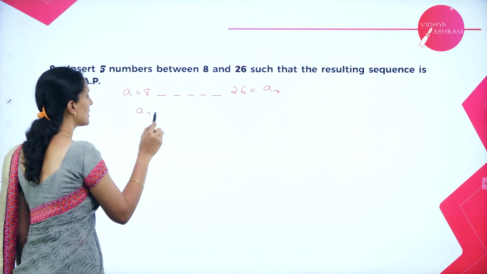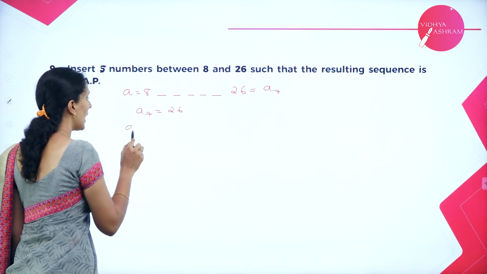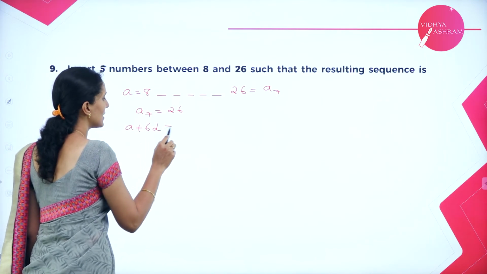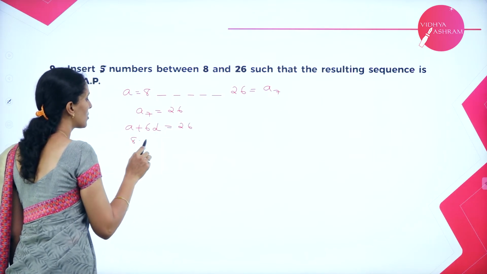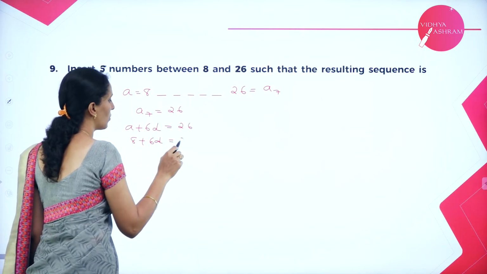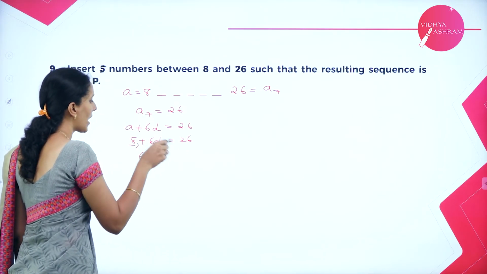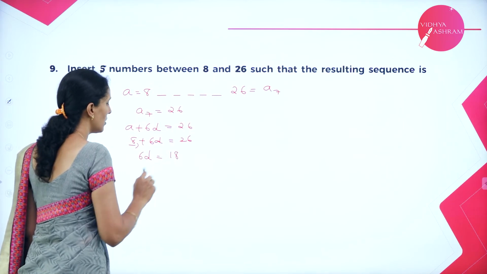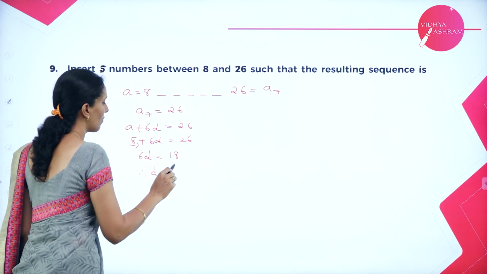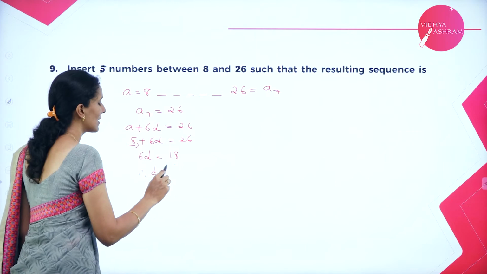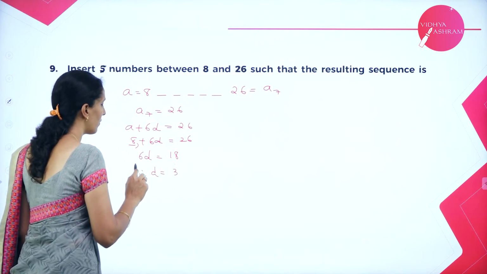So A7 is equal to 26 means A plus 6D is equal to 26. 8 plus 6D is equal to 26. 6D is equal to 26 minus 8, which is 18. So therefore D is equal to 18 by 6, that is 3. The difference is 3.